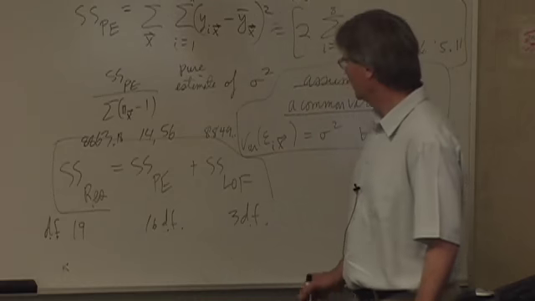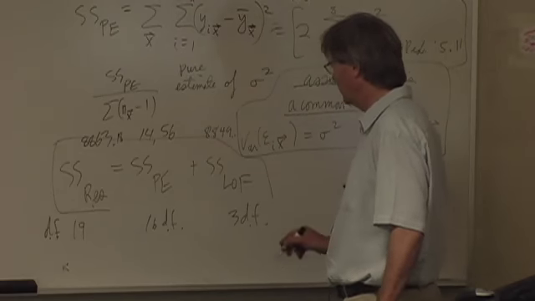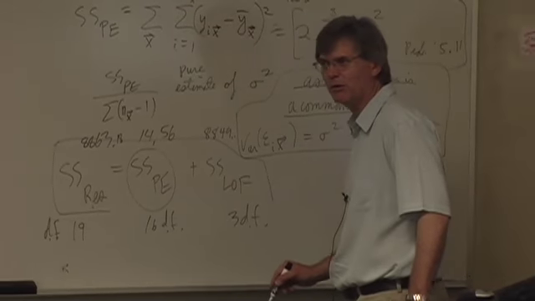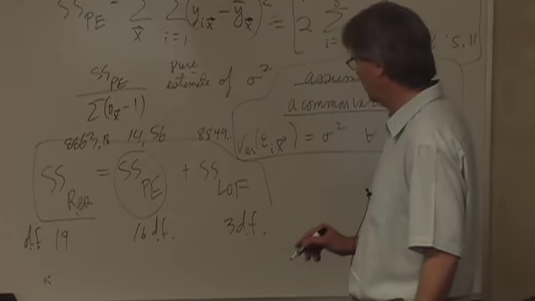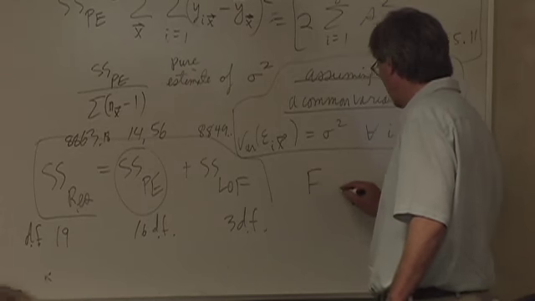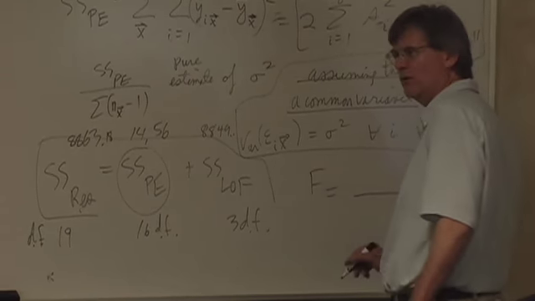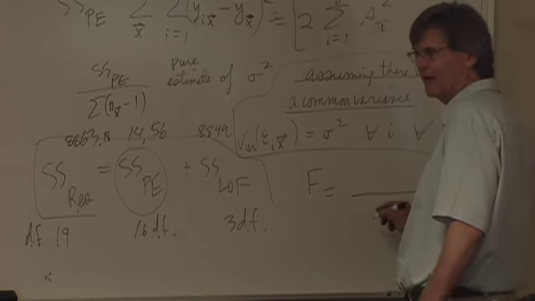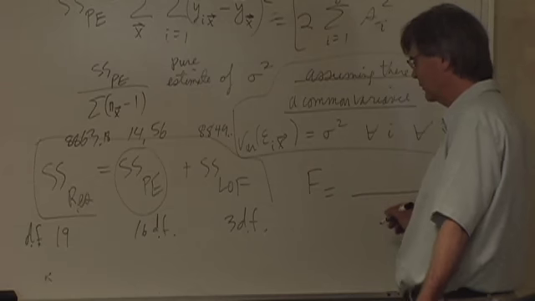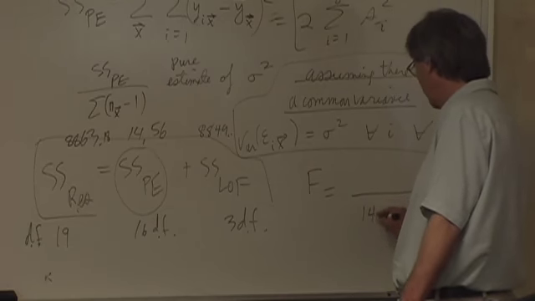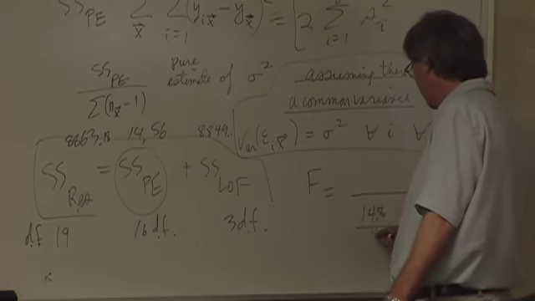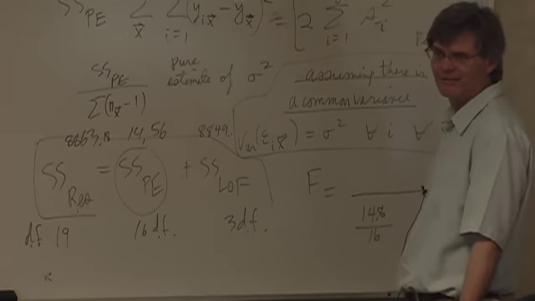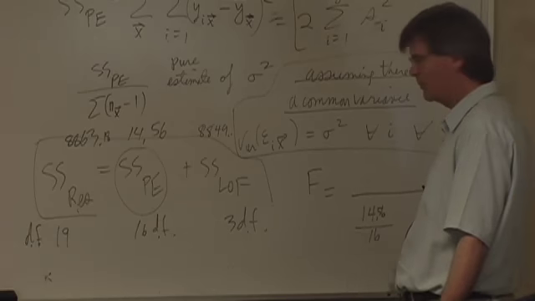Okay, so what's your F statistic now? SSPE divided by its degrees of freedom is the actual pure error estimate for sigma squared. Your F statistic is always a quotient of two variance estimates. My pure variance estimate is going to be my sigma squared downstairs, so to speak: 14.56 divided by 16. According to this, the variance is only about 1.